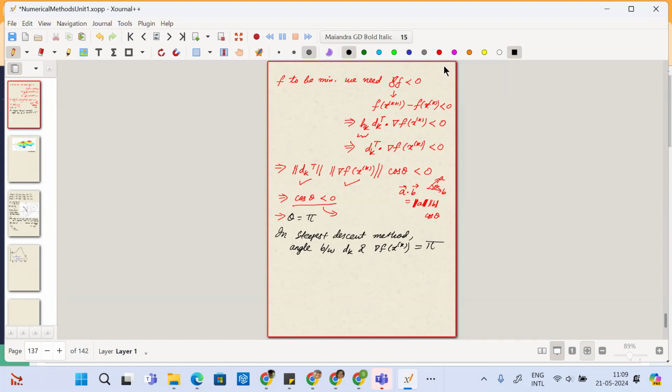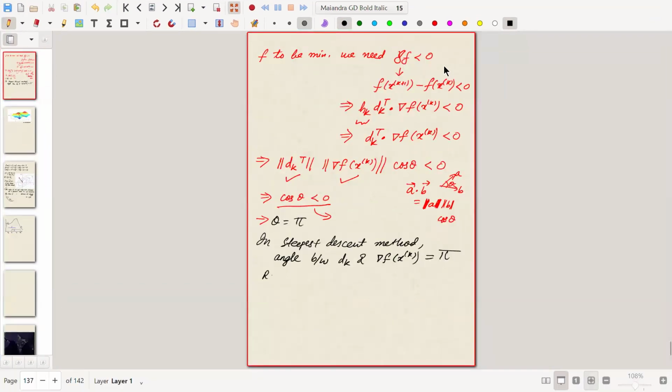What does rate of minimization actually mean? This rate of minimization refers to the reduction in the value of the function over unit distance. Just get hold of this name, nothing to worry about.